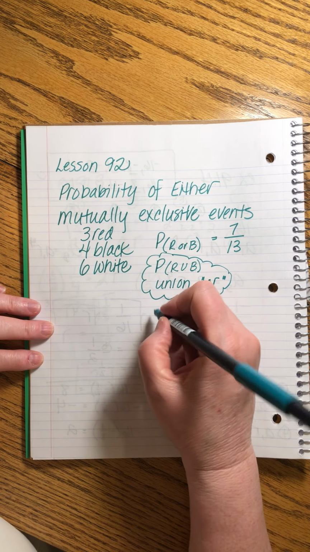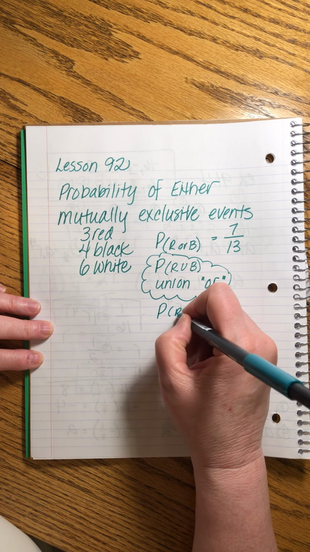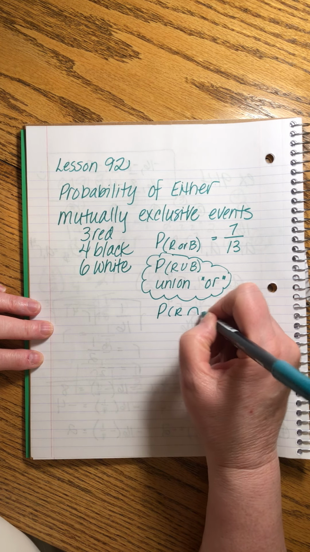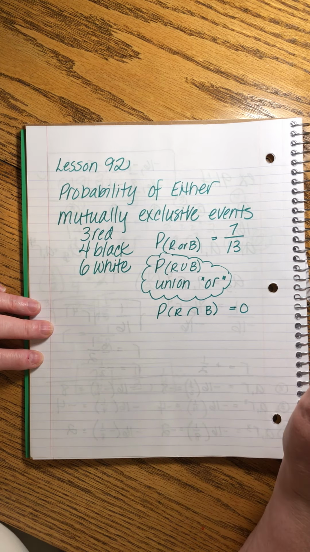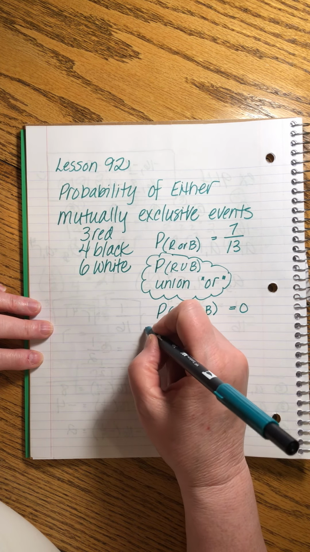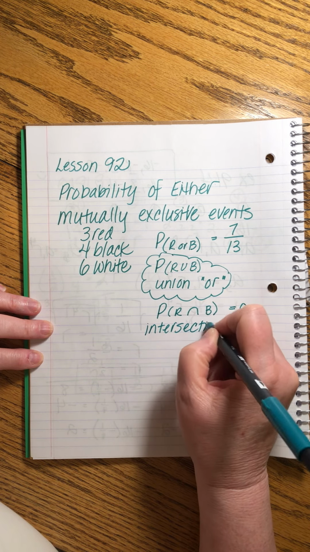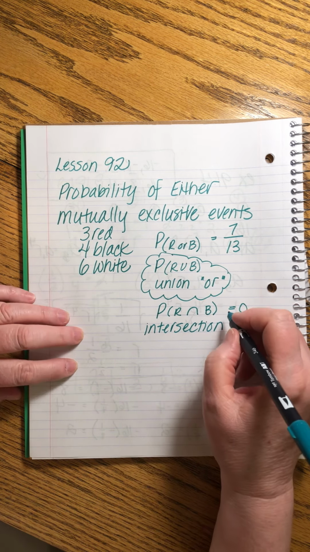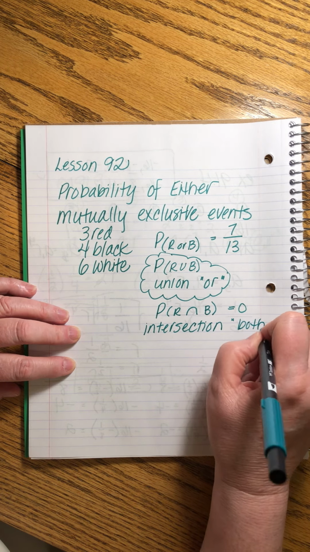In this case, we can also say something different. The probability of getting red intersected with black is 0. Because what this is saying, we use the word intersection, which means essentially both.